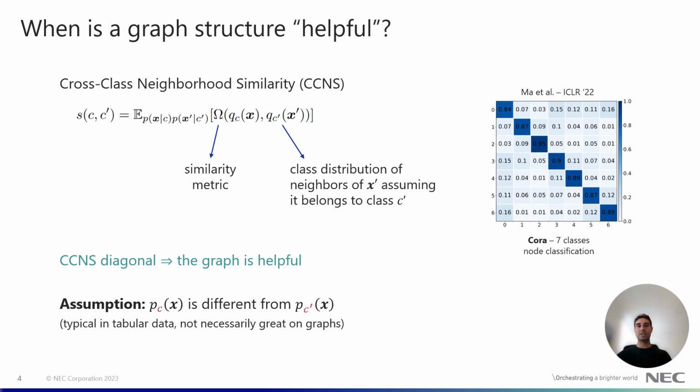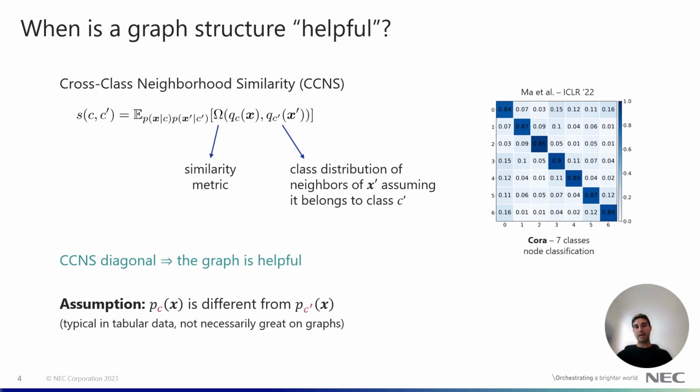And the reason is that nodes of the same class will have similar class distributions, and therefore their node embeddings will be similar compared to the node embeddings of a different class. However, if the interclass similarity is also high, then nodes will be harder to distinguish between different classes, of course.